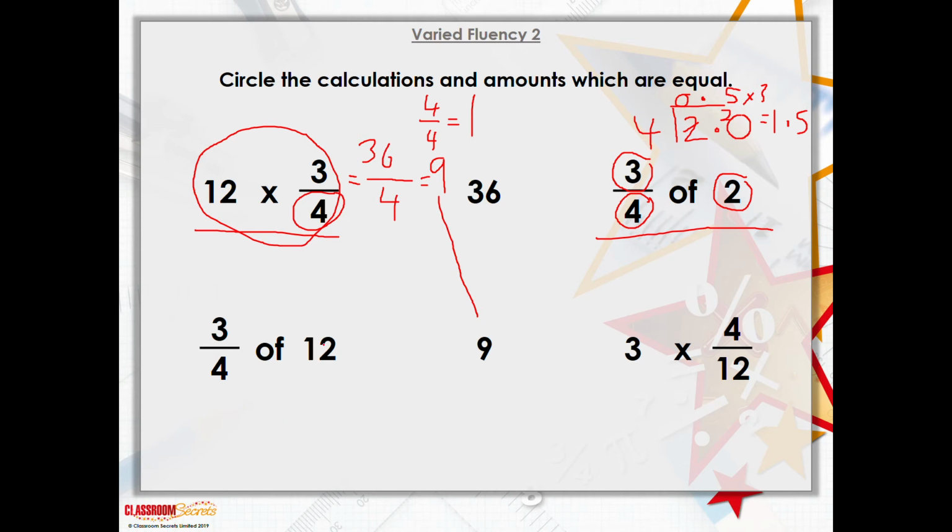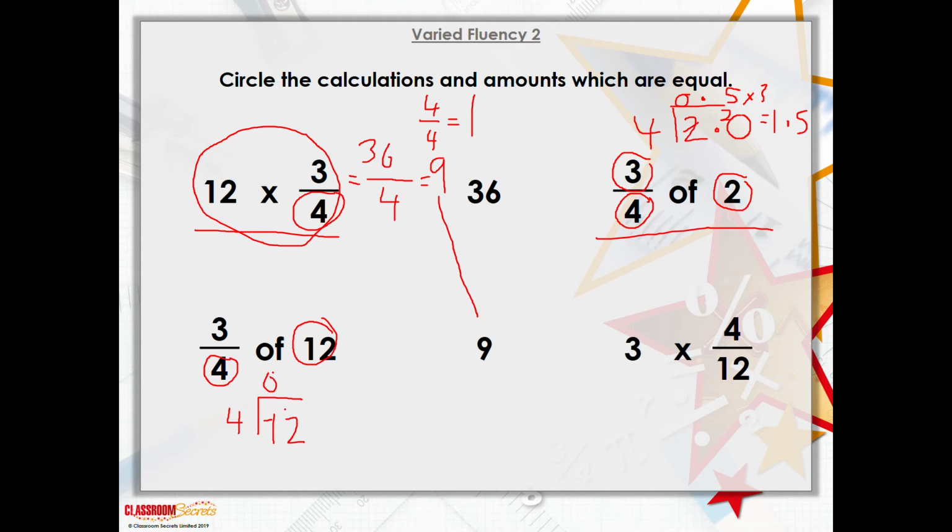3/4 of 12. My amount is 12. My denominator is 4, which represents quarters. So now I can divide 12, my amount, applying my basic rule of find a fraction of an amount. 4's into 1 goes 0.